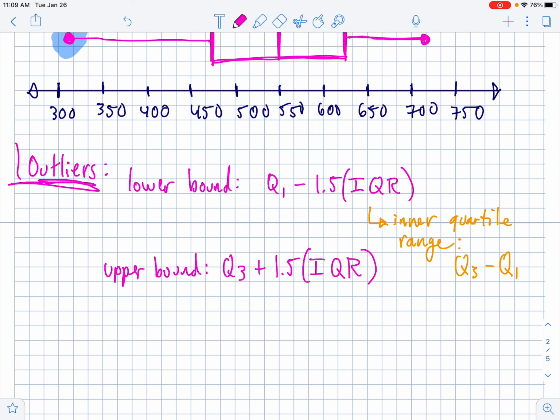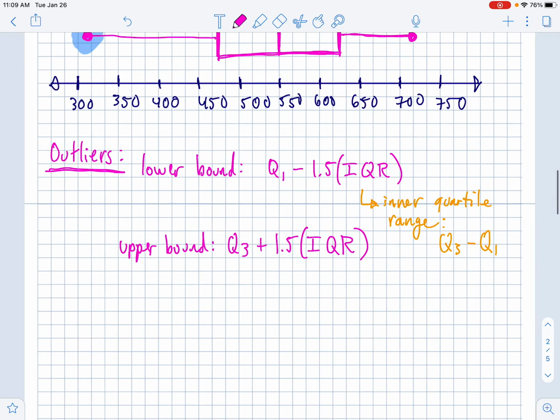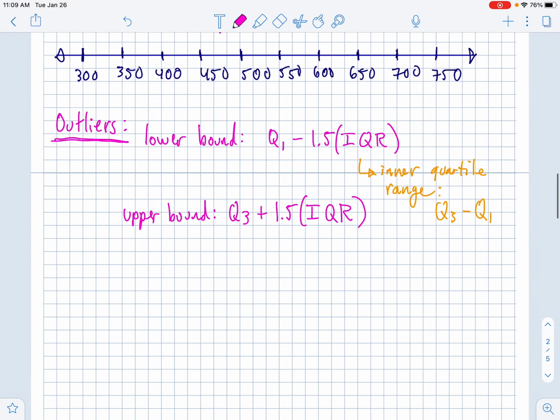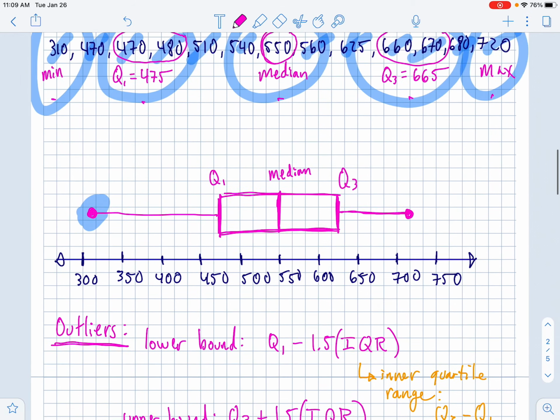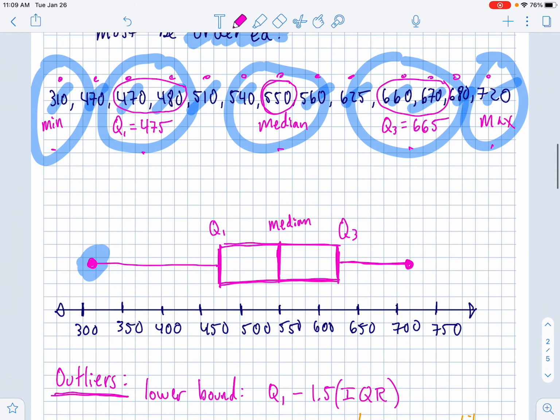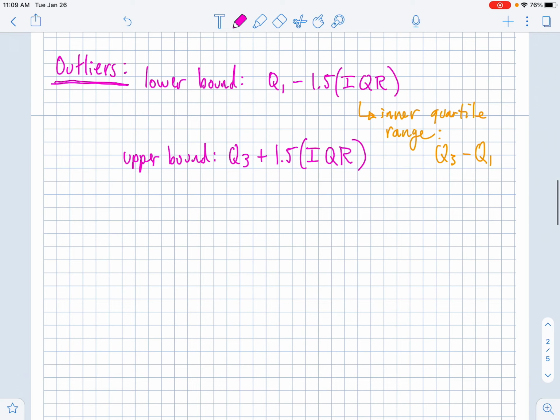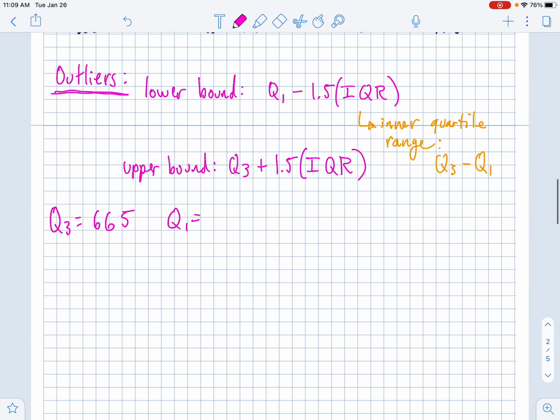So here's the thing about outliers. Any number in the data set is an outlier if it's above the upper bound or below the lower bound. So for my cheeseburger data, the Q3 was 665 and Q1 was 475.